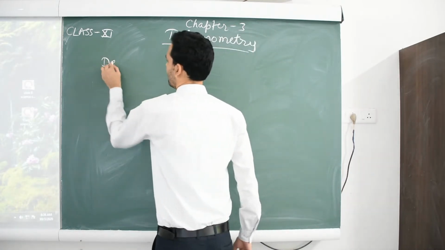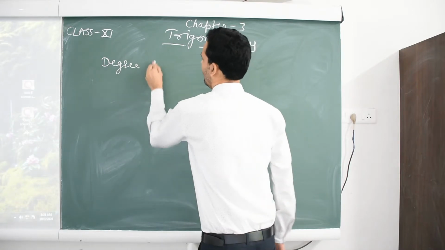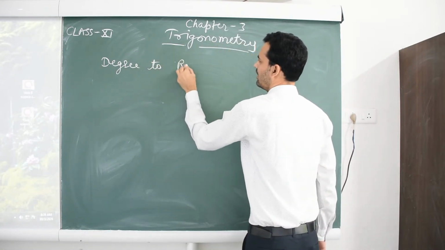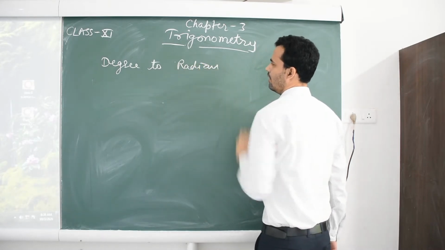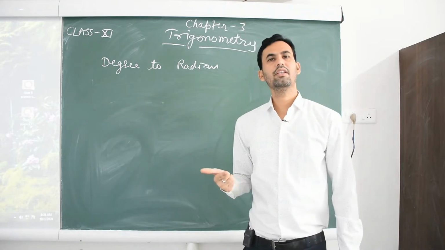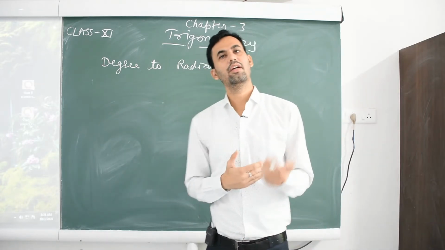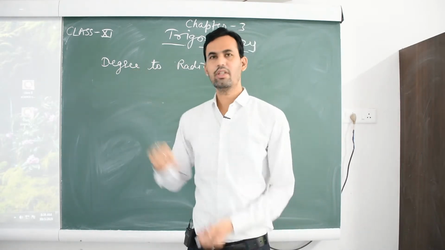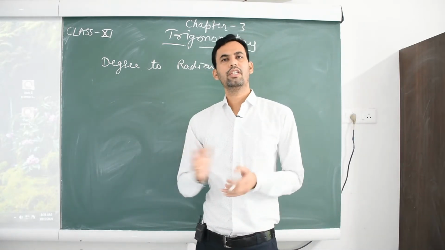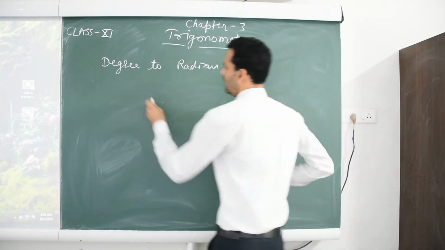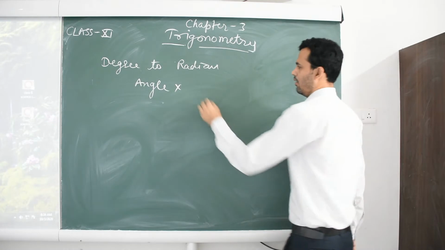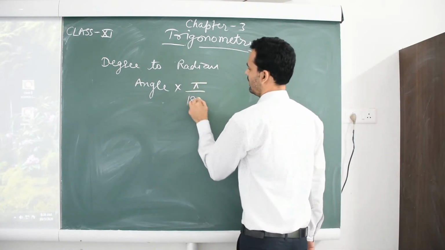First, the conversion of angle from degree to radian. There are two types of angles, first angle in degree and second angle in radian. So first, degree to radian: if we change the angle from degree to radian, then what is the formula? Angle into pi upon 180.